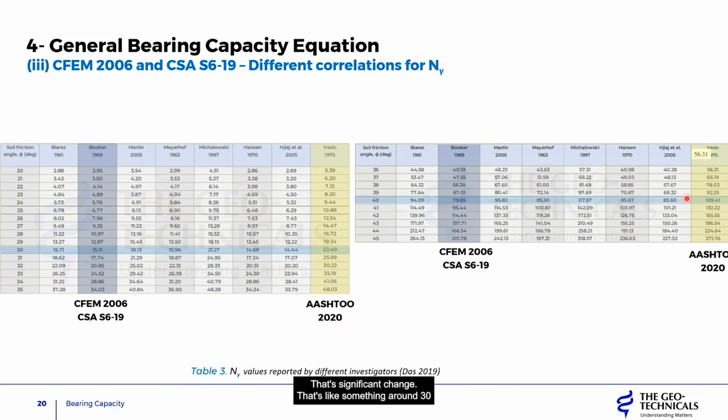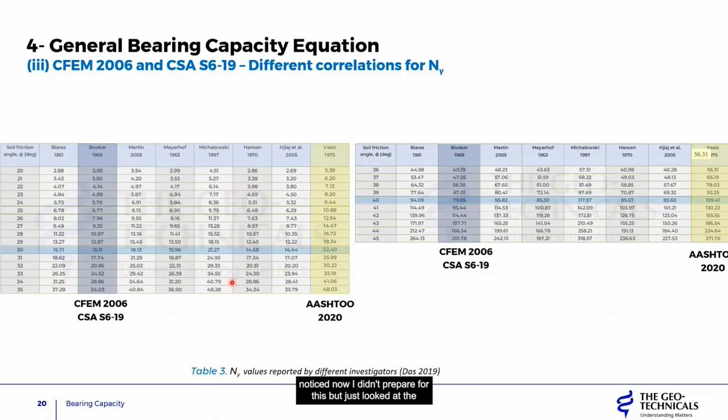That's significantly changed, something around a 30 to 40% increase just in N gamma. At 30 you have a little bit of increase: instead of 15.1, you have 22.4. Again, it's just where your project is and what your specification is. I'm here just to tell you there's a difference, and now you know the difference and how to deal with the different values.